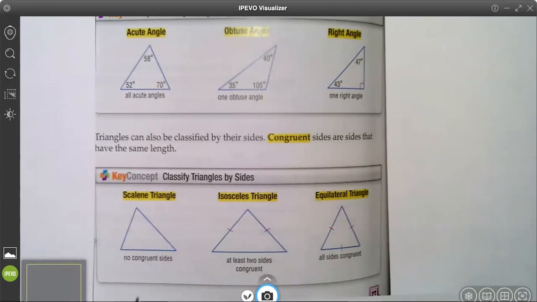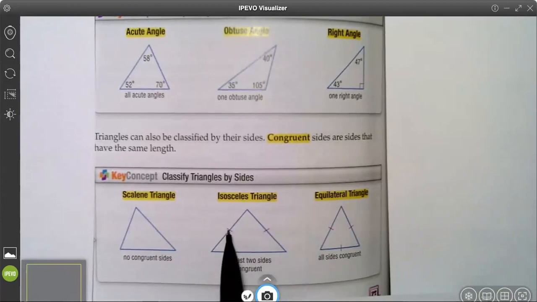Let me point out right here that if you have no sides the same, you have a scalene triangle, you're also going to have no angles the same. If you have an isosceles triangle with two sides the same, then you're going to have two angles the same, because the angle across from this side right here is going to be the same as the angle across from this side right here.